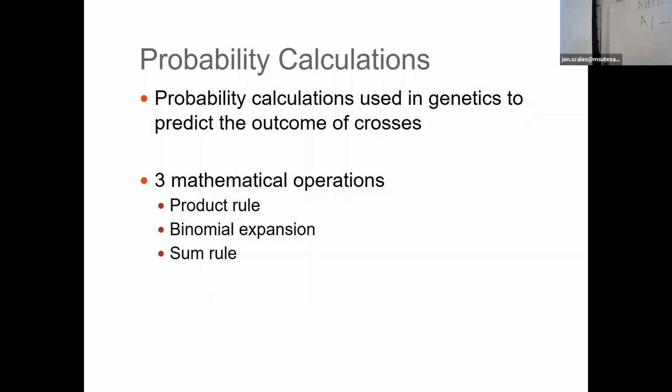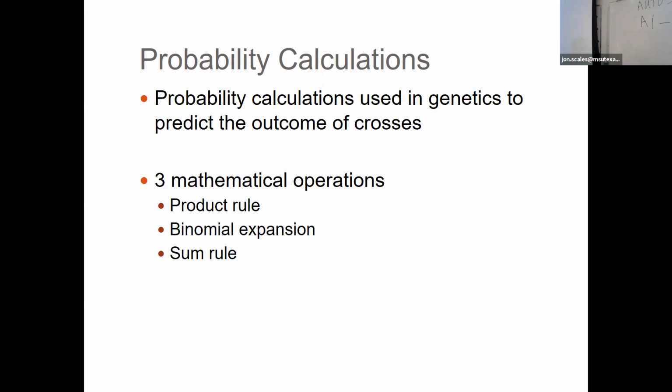So the product rule would be used when you're saying, what's the likelihood of this happening and then this happening? Okay, in order. And the binomial expansion rule would be, say, what's the likelihood of this thing happening out of 5,000 things? We don't care what order. It can come last, it can come first, it can come in the middle. So order doesn't matter.